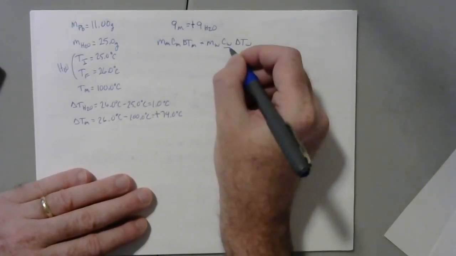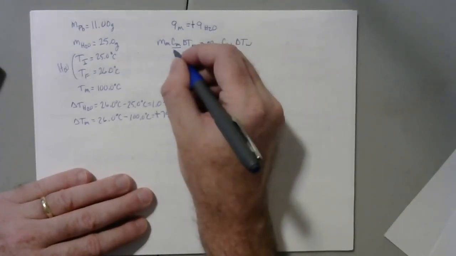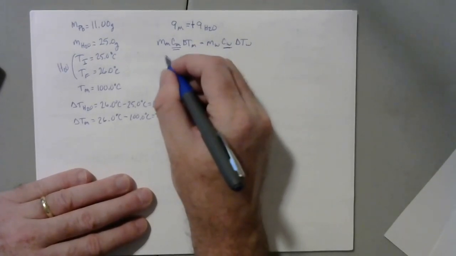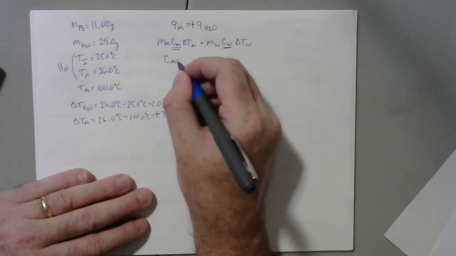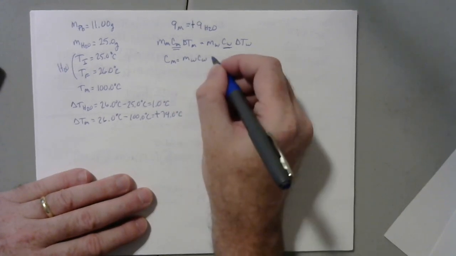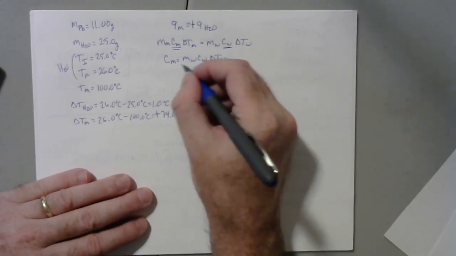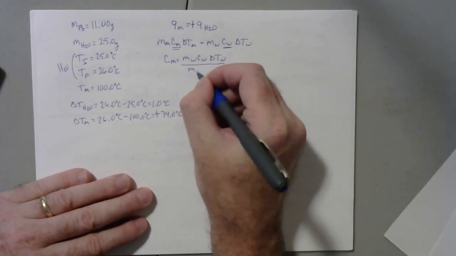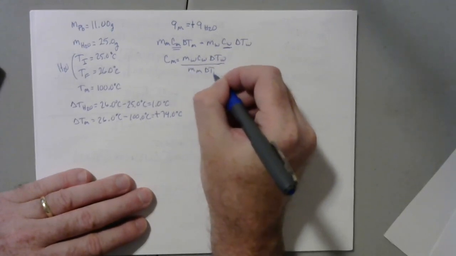And we've got this one. What we want to find is that one. So specific heat of the metal is equal to mass of water, specific heat of water, change in temperature of water, divided by mass of the metal, change in temperature for the metal.